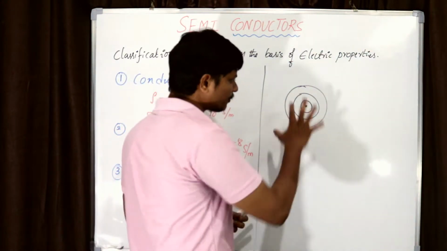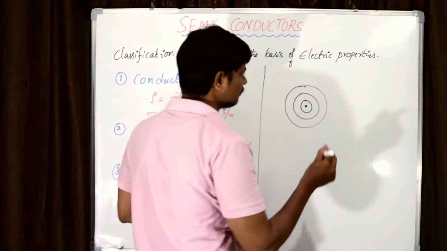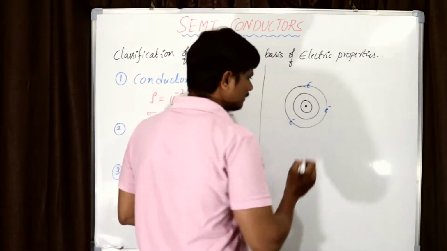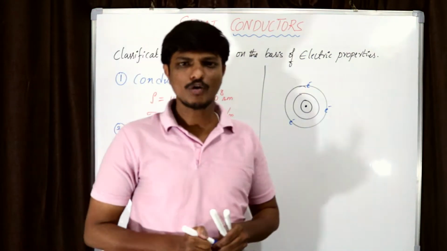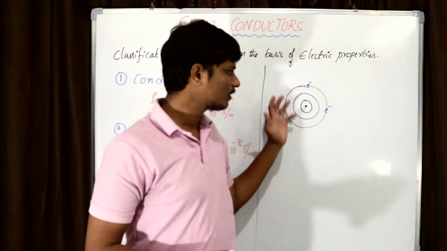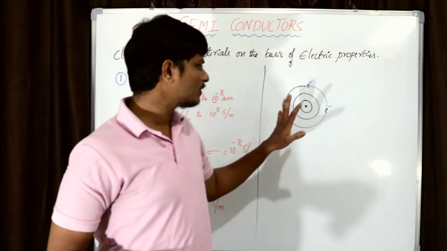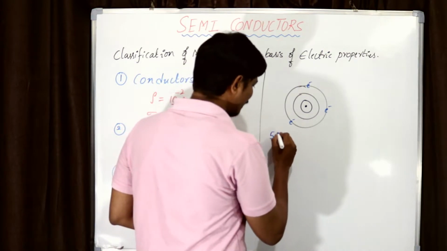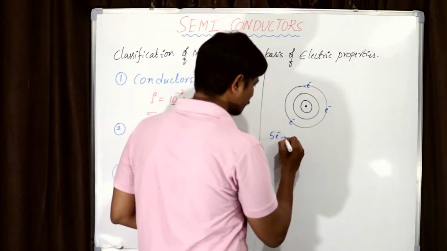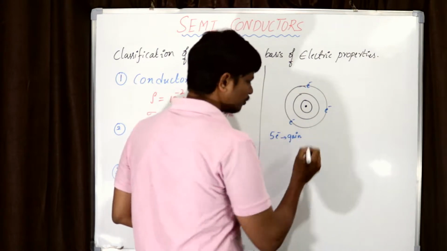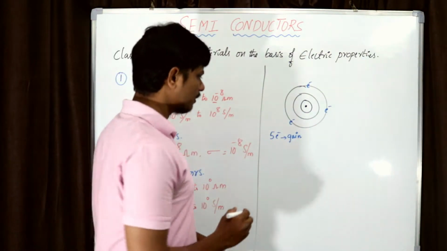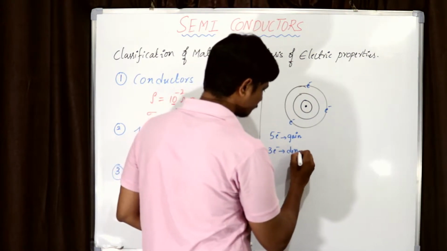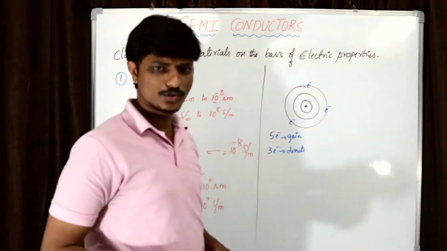So let us look at an atom who has 3 electrons in the outermost layer, which is nothing but the valency. So there are 2 options for this atom. One option is either it has to gain 5 more electrons to become stable, or it has to lose 3 electrons or donate 3 electrons to the neighbor atoms.